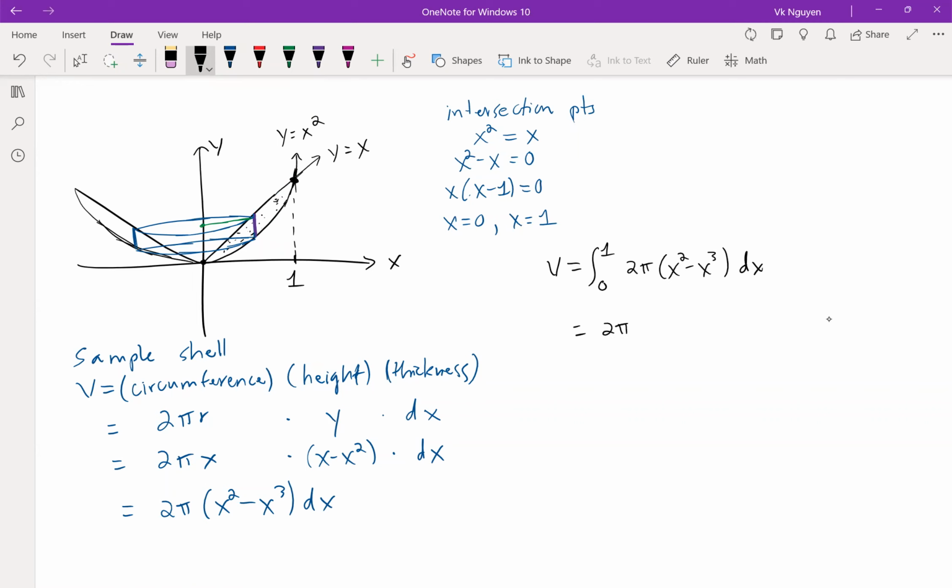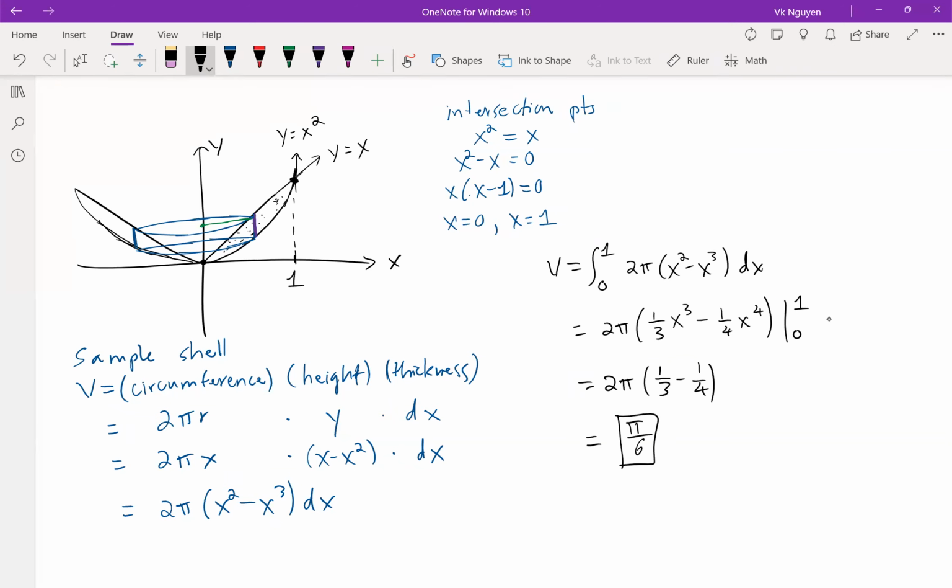So I have 2 pi times 1/3 x to the 3 minus 1/4 x to the 4th, evaluated from 0 to 1. 2 pi times 1/3 minus 1/4, which is 2 pi times 1/12, which is pi/6.